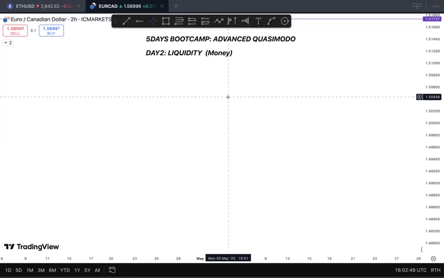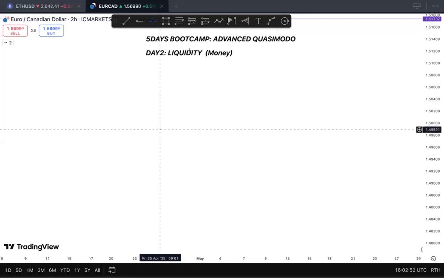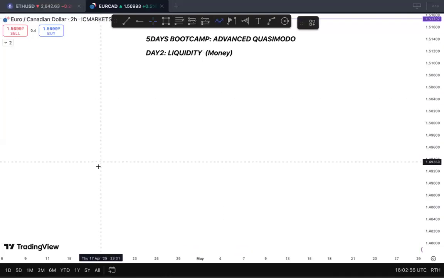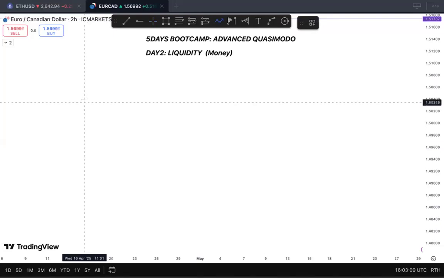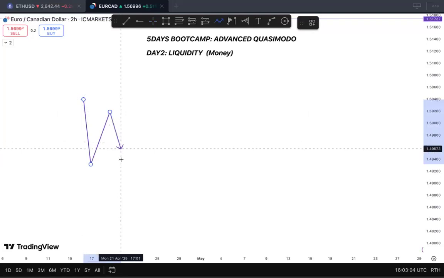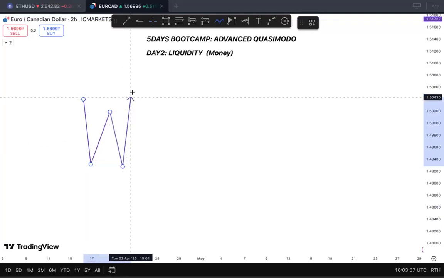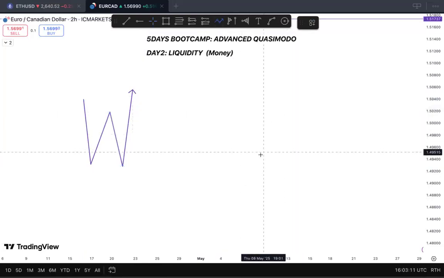The traditional or normal liquidity that we know, the fundamental of liquidity, is the double tops and the double bottoms. So for example, we have the double bottoms, things like this, and the double tops.